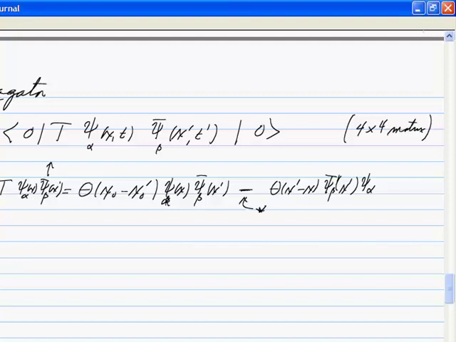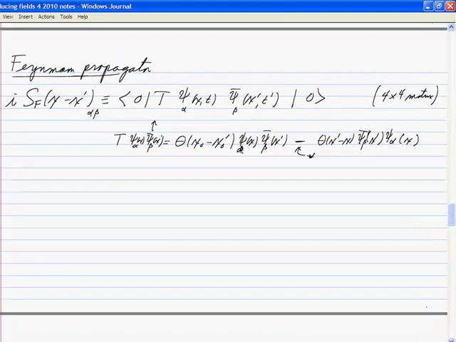And that's just because these fields are fermions, and so if you flip the order, you pick up a minus sign. So that's the choice. It's part of the definition of this, because that's how it arises in applications.